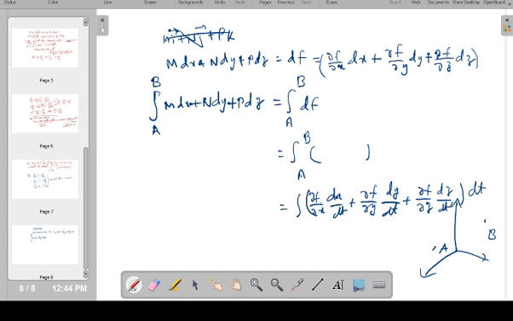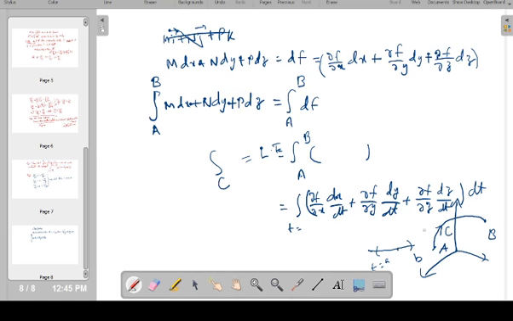This is how you evaluate line integrals. This is a line integral, and this is the corresponding Riemann integral. So t varies from where to where? Take any path from A to B, say the path C. The integral from A to B means the line integral over C. There is a corresponding parameterization for this path, where t varies from a to b.